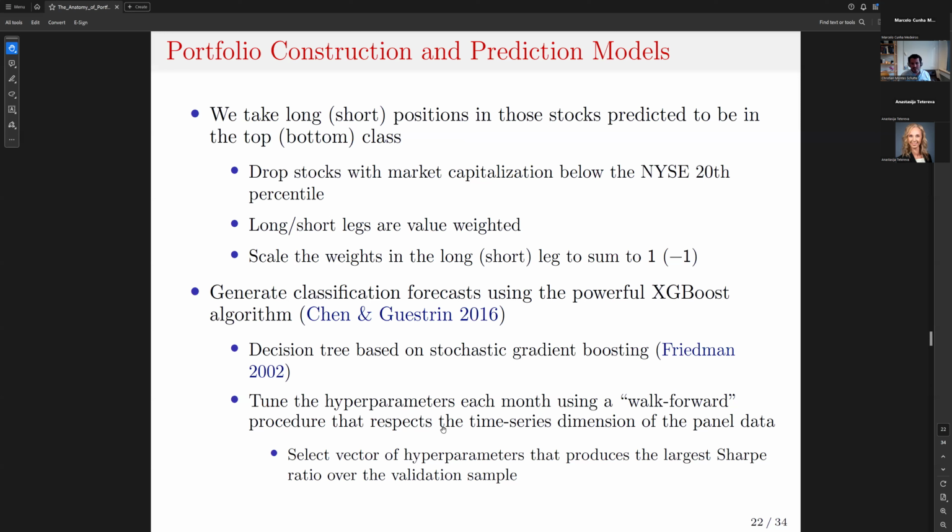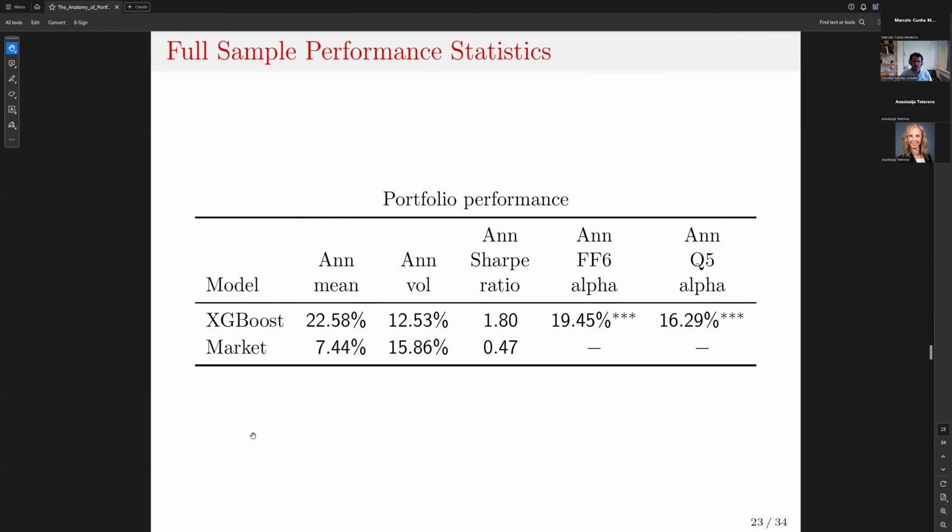But we select the vector of hyperparameters by focusing on the Sharpe ratio instead of minimizing the log loss, which would be the typical procedure. We could also base it on alpha or other performance metrics, but Sharpe is the most popular performance metric, I would say, so it made sense to select hyperparameters based on that.